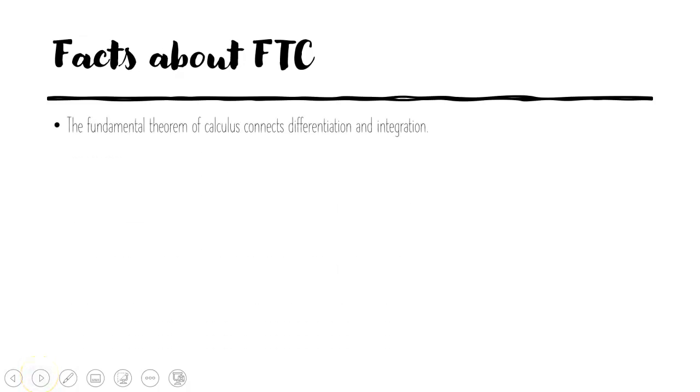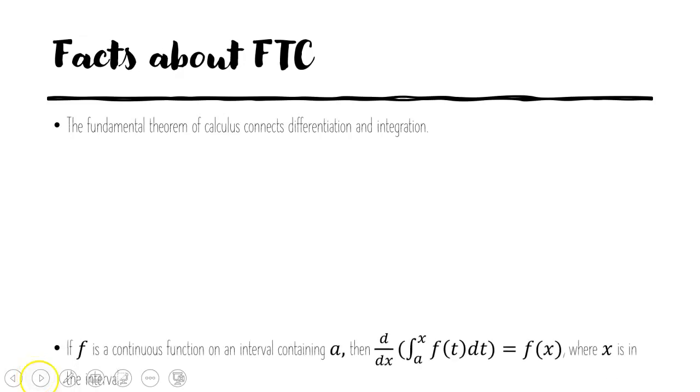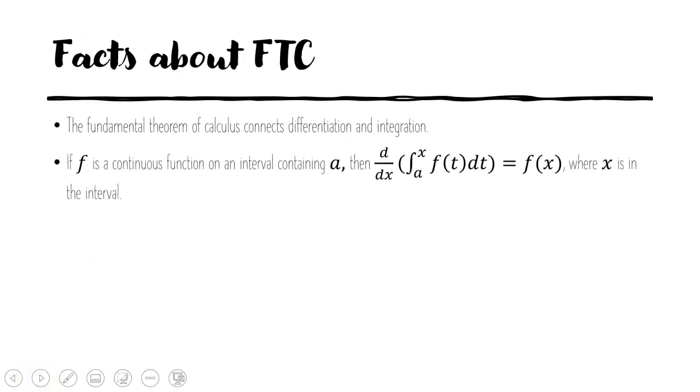It tells us that there is a connection between differentiation and integration. It says that if f is a continuous function on an interval, then the derivative of the integral is equal to the original.